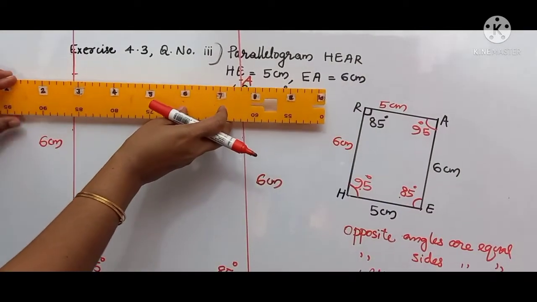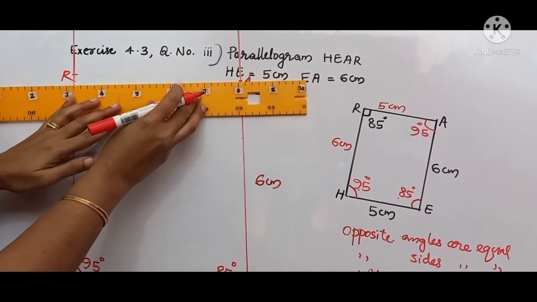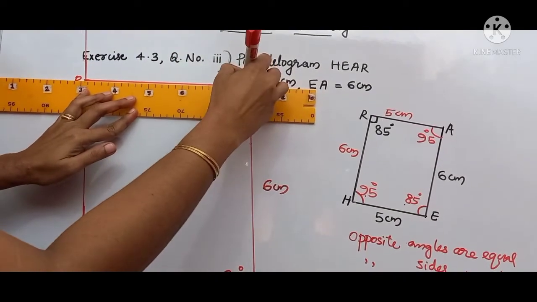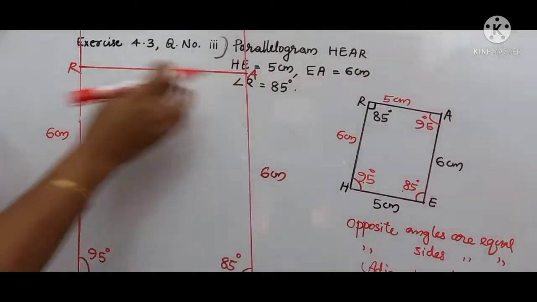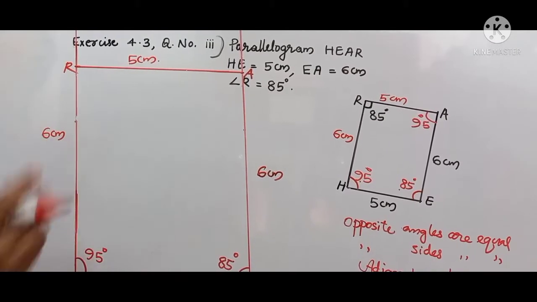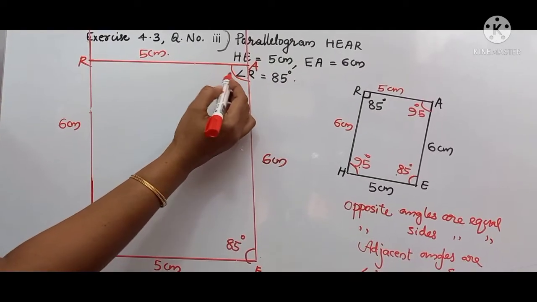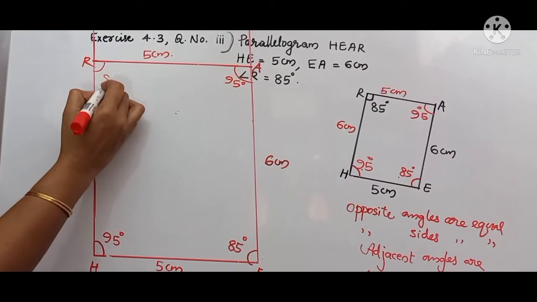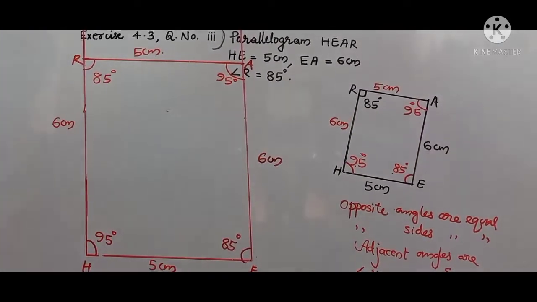Then join this point R and A. Now our parallelogram HEAR is ready, and here it is 5 centimeter, here also 5 centimeter. Then we know this angle A is 95 degree. It will be exactly 95 degree itself, and angle R 85 degree also. Then the parallelogram is okay now.